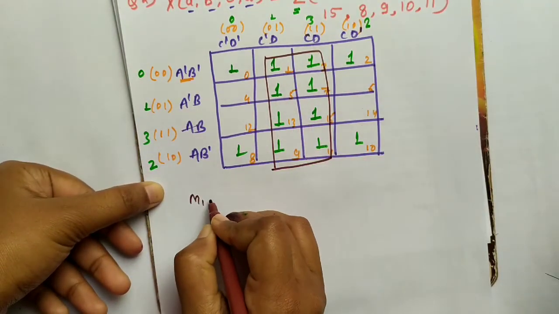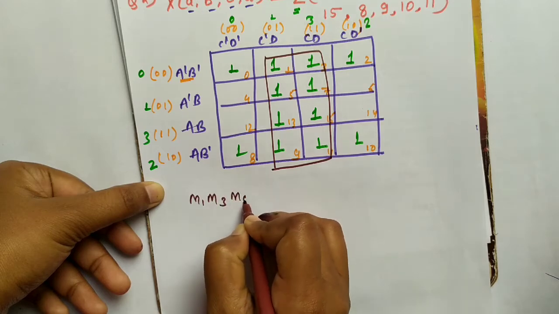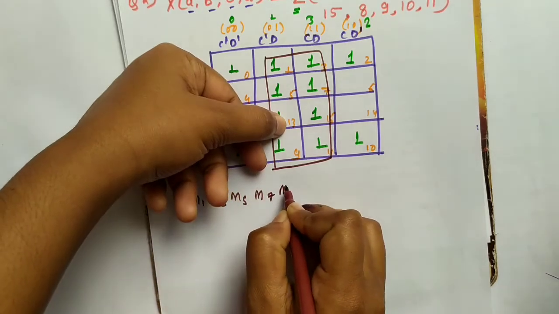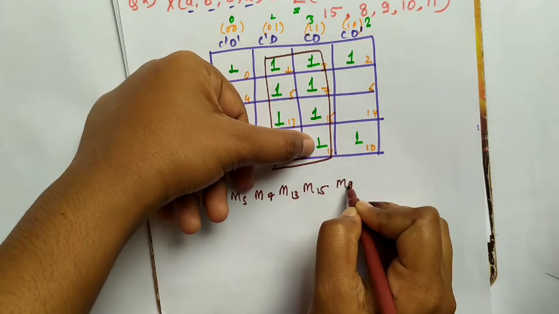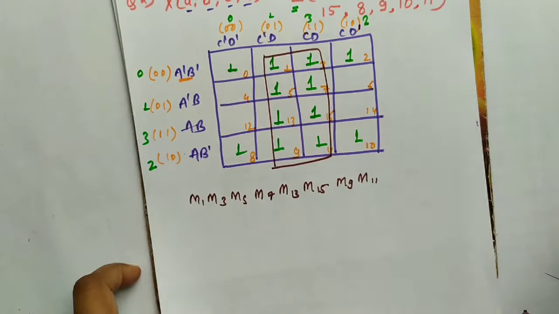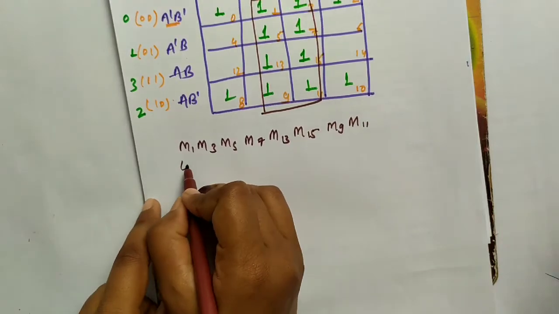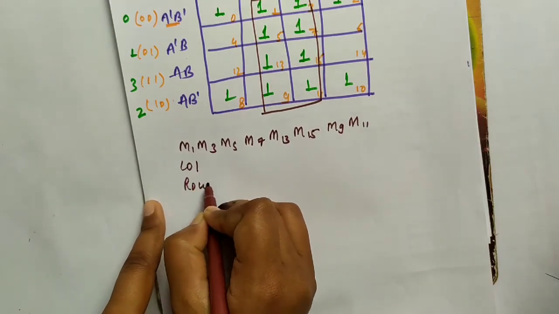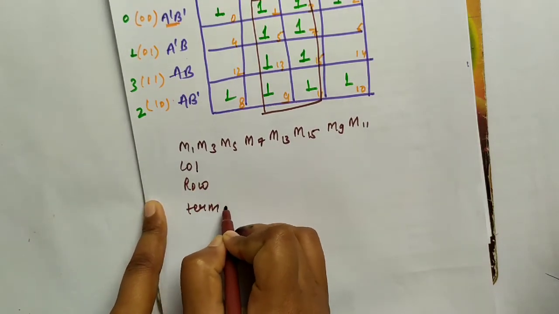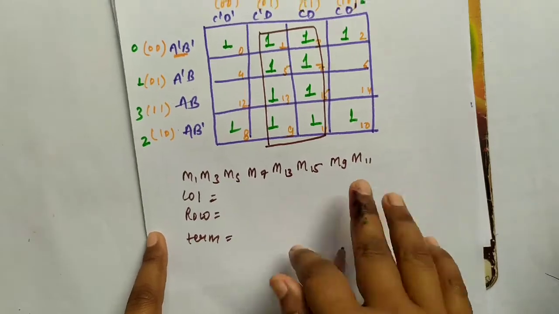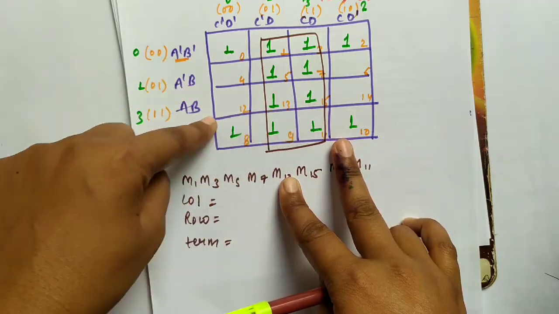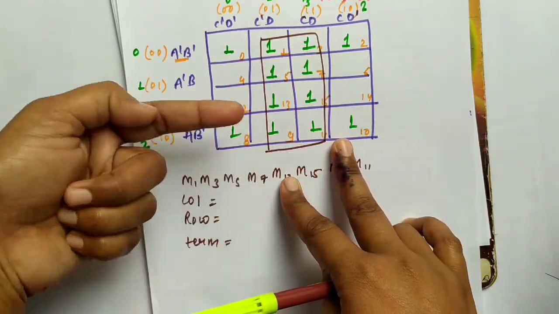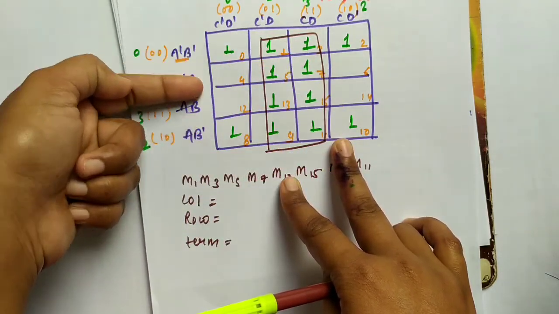So we can write M1, M3, M5, M7, M13, M15, M9 or M11. Now the row, column and term. In all these values, nothing is common in a row, because all are contained in different rows.